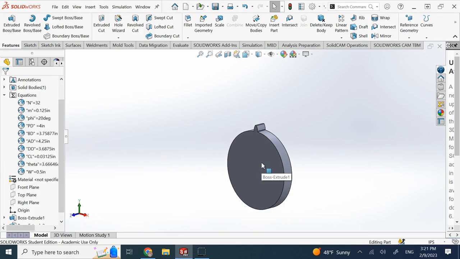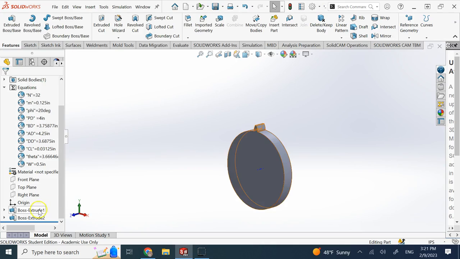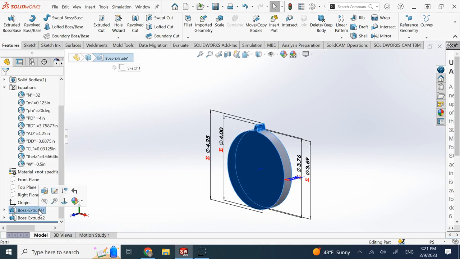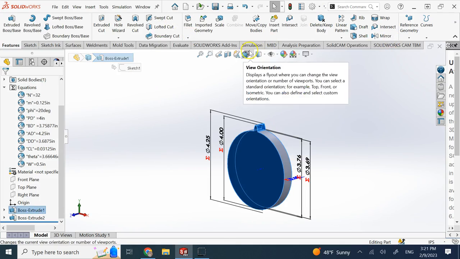Now I can do a circular pattern. I make the axis visible, and then I get this boss extrude, go to pattern, and do a circular pattern here.